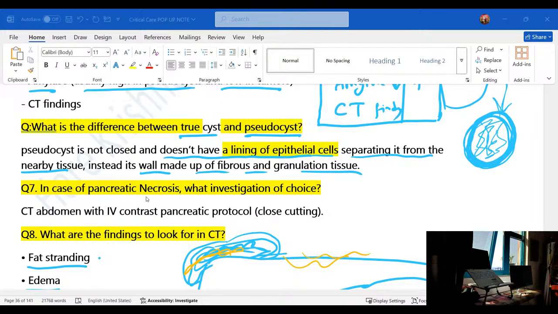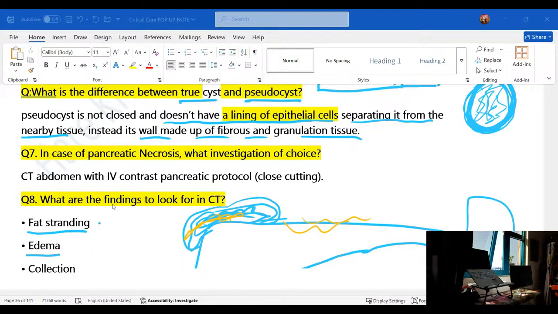This is enough if we say it like this: a cyst is covered by epithelial tissue, but a pseudocyst is covered by fibrous or granulation tissue.